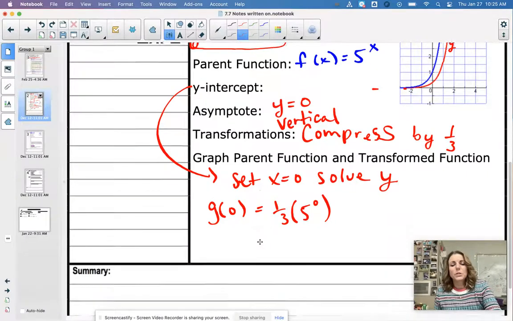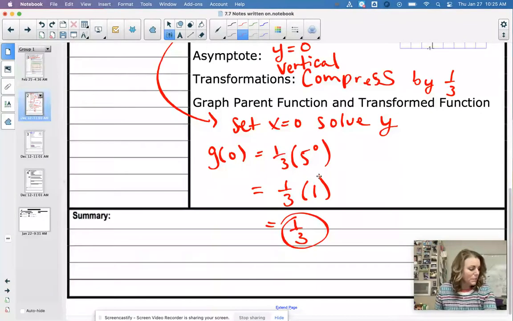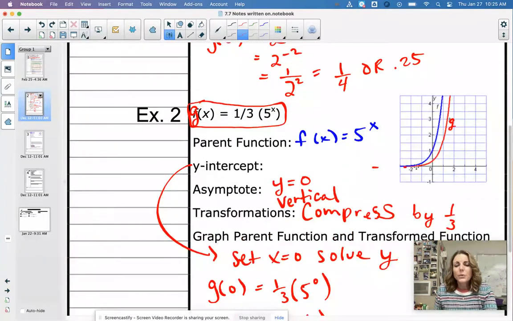Well, anything to the 0 power is 1. So 1/3. That's the y-intercept, 1/3. And if we look, the red is the transform function, and the y-intercept is right here, and that's close to 1/3.